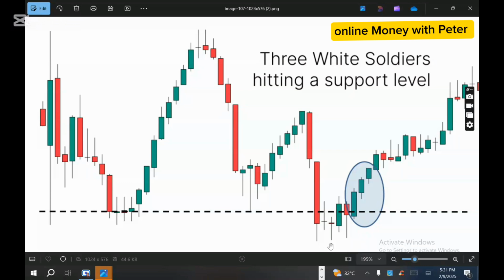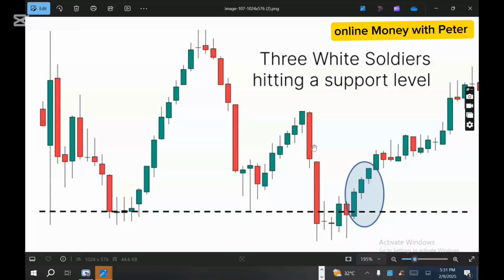That makes it difficult for the sellers to push the price from here to this point. Then your take profit will be according to your strategy and your risk to reward ratio. It can be 1 to 2, or 1 to 1.5, or 1 to 2.5, depending on the kind of trader you are and the kind of risk you want to take on your trade.